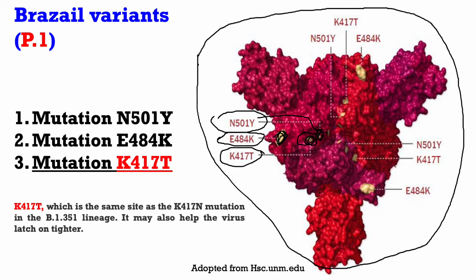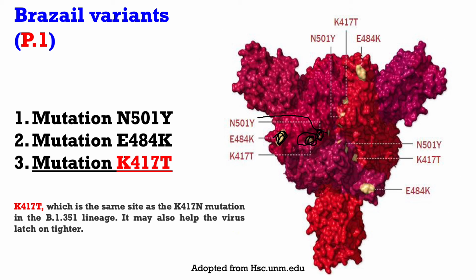The Brazilian variant of coronavirus COVID-19, or P1, has 3 mutations in the genes that code for the spike protein of the coronavirus. We have a mutation N501Y and a mutation E484K, and as I mentioned previously, these 2 mutations are exactly similar to the mutations seen in the South African variant of coronavirus COVID-19.